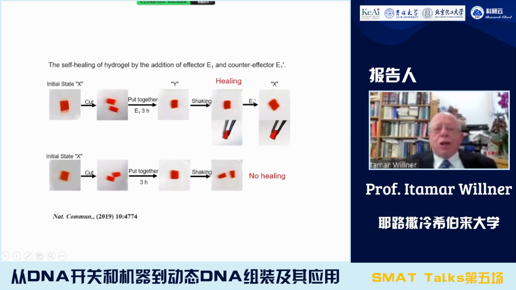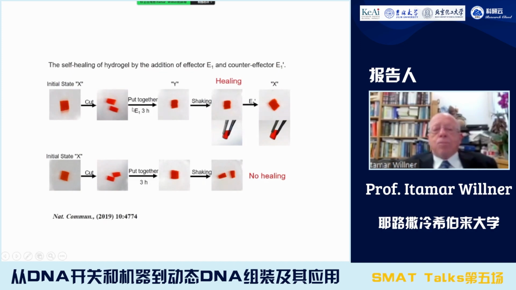For example, self-healing function. We can take the hydrogel of medium stiffness, cut it into two pieces, put them physically together, and then apply the strand that makes it stiff.